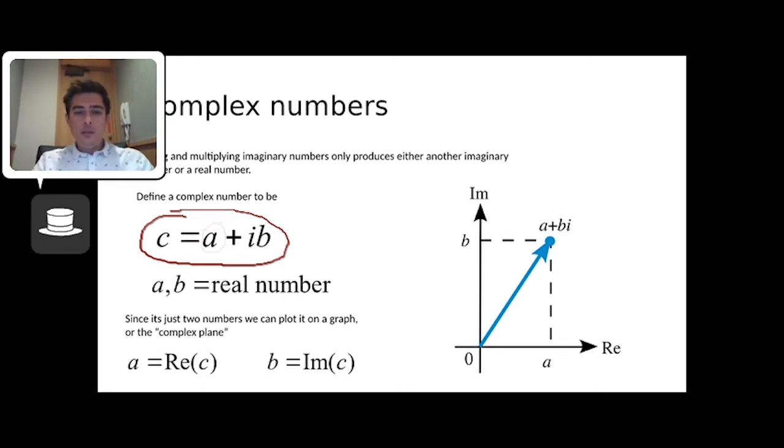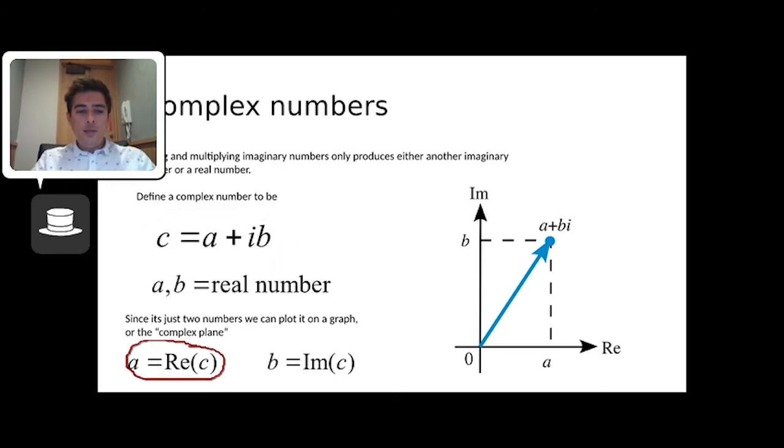These two numbers a and b are like, a is the real part of the number, and b is the imaginary part of the number. So these symbols here, that's what that denotes.